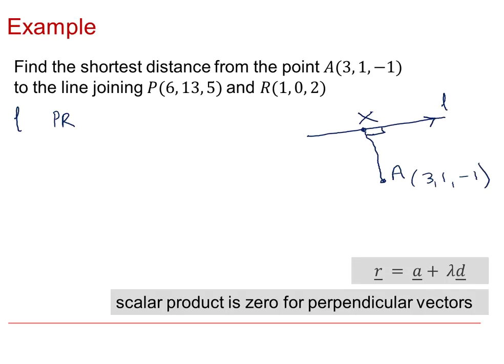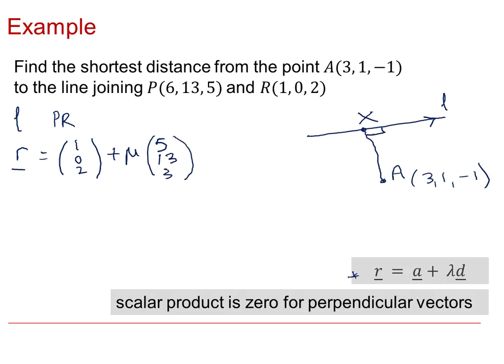So let's find that L equation. Let's use this r equals a plus lambda d format. So let's jump on the line at R, 1, 0, 2, and then we'll be moving along that line, give it parameter mu, and in the direction of P minus R. So 6 minus 1 would give us 5, 13 minus 0, 13, 5 minus 2, 3.